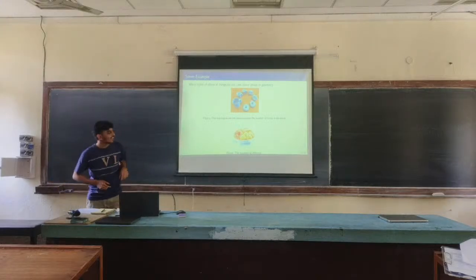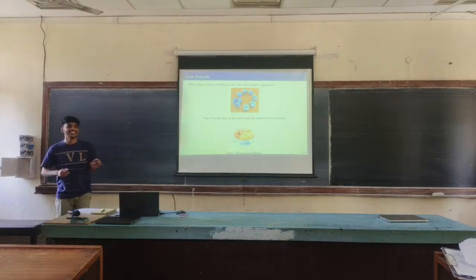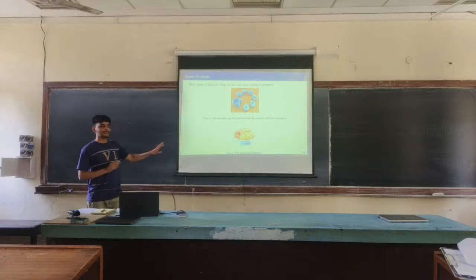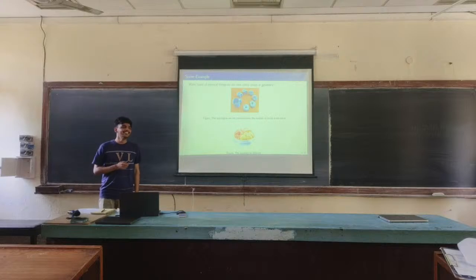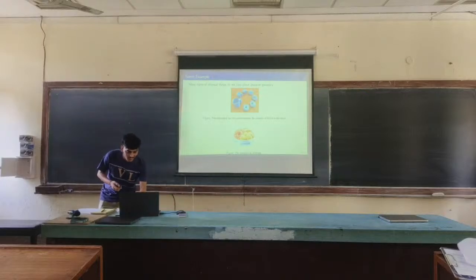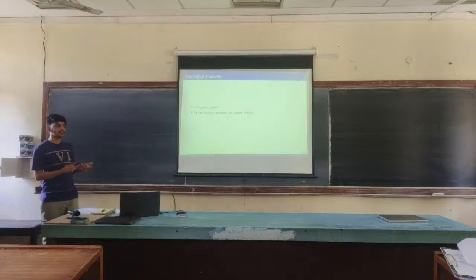And you can see the letter cannot be deformed. The laddu cannot be deformed into jalebi because we need an injured hole. And let's talk about what a topological invariant is. It depends on our system.